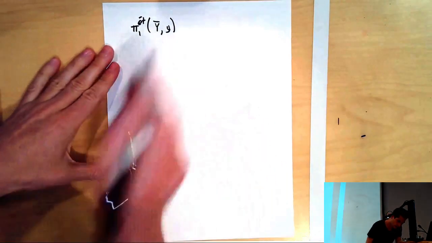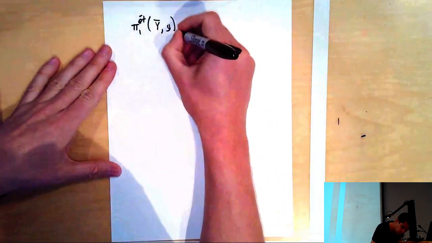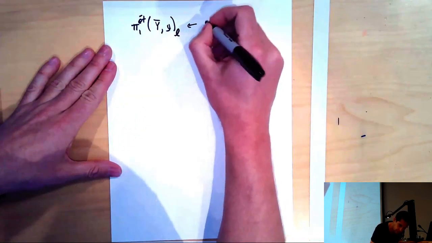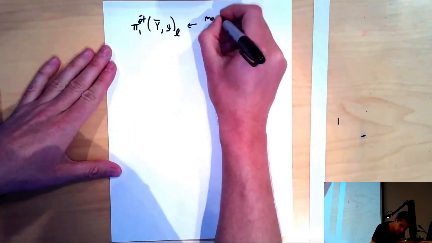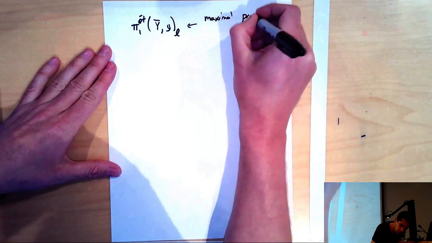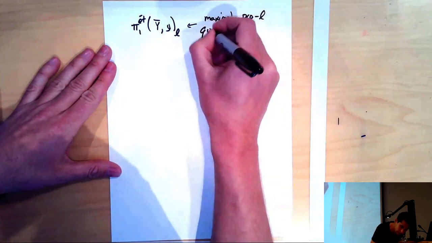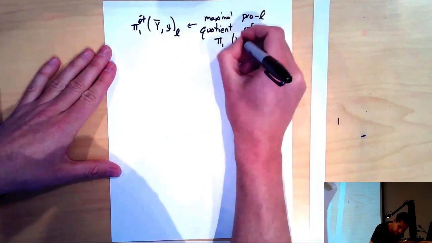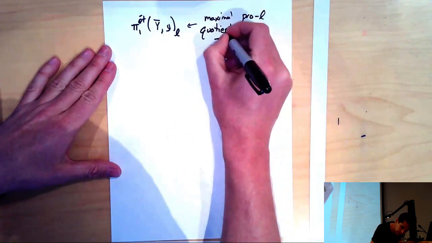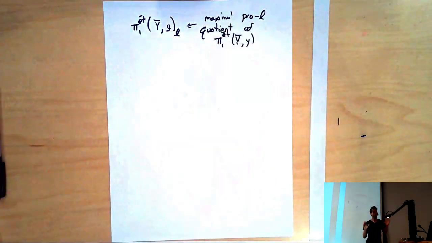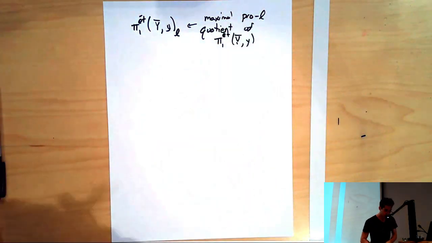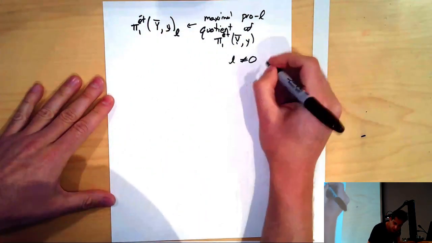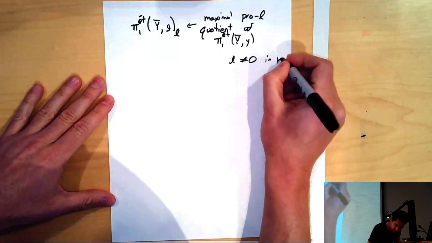So I want to take the étale fundamental group, and I'm going to write a subscript L to mean that this is the maximal pro-L quotient of the entire étale fundamental group. So it's a profinite L-group, and here L is, as always, going to be some prime number which is not equal to 0 in the field K.